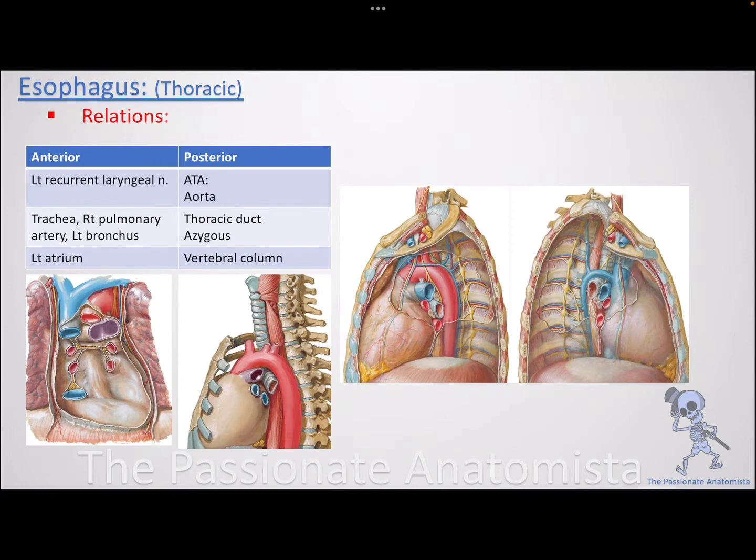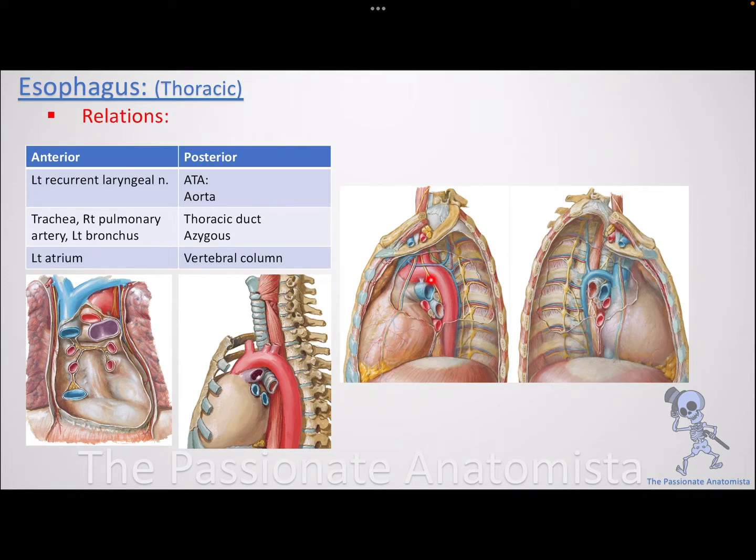Now, what about the second part? It's basically your thoracic part. So if you think about the thoracic part of the esophagus, look at this. This is the esophagus, all right? If you think about the esophagus, it's basically here and also here. So to think about the anterior relation, remember that you have the left recurrent laryngeal nerve looping around the arch of the aorta. Why is it only the left?